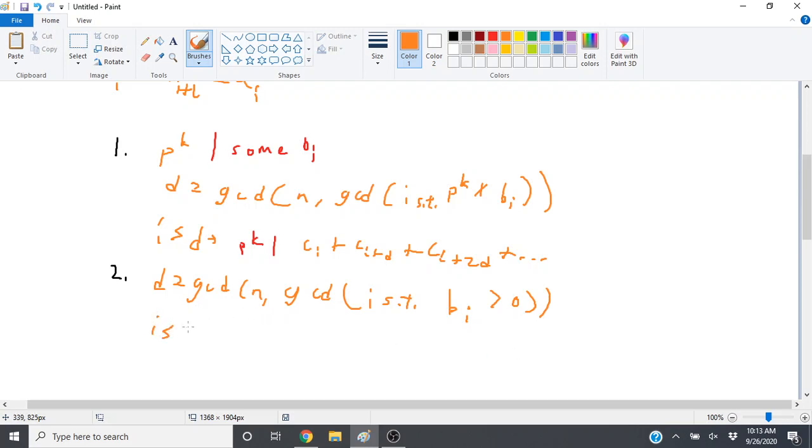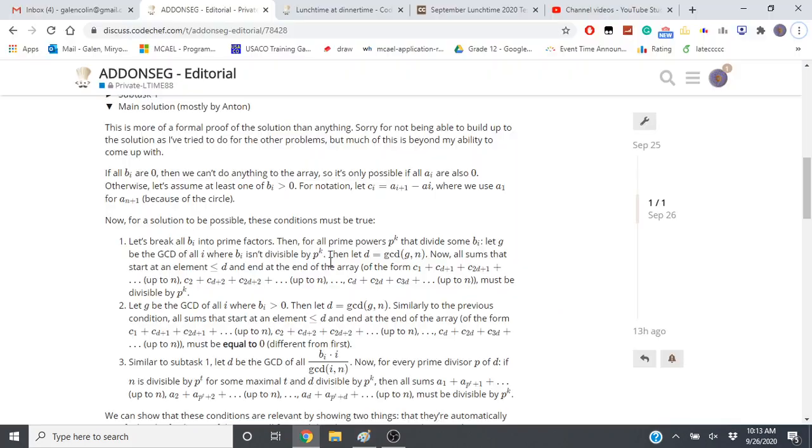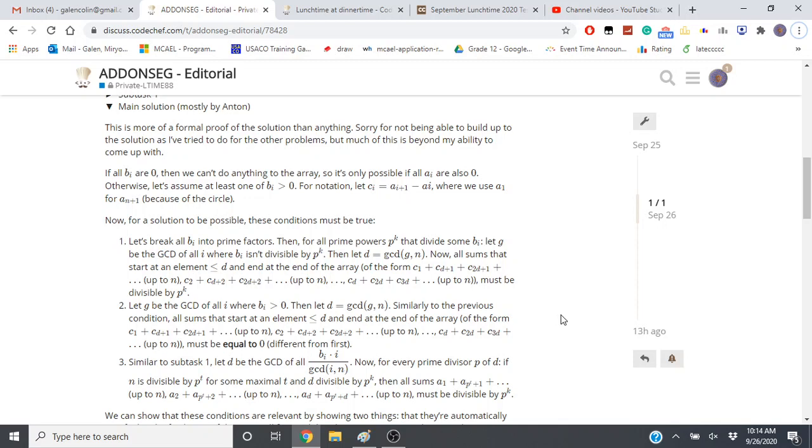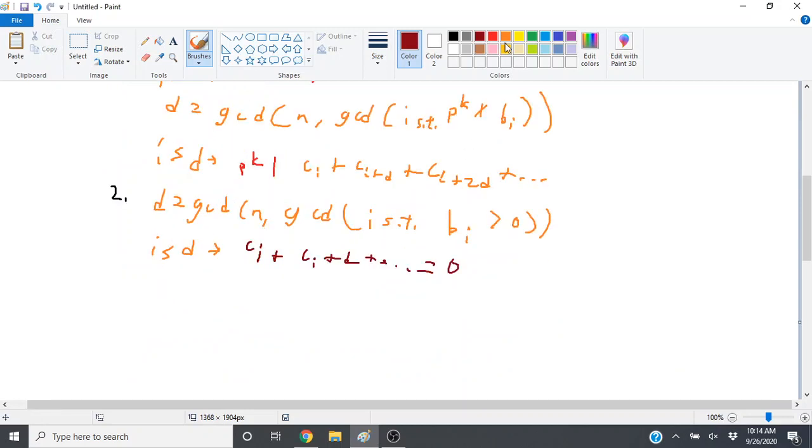Then for all starting positions i less than or equal to d, the sums of the form ci plus d up to n are equal to 0. Again, this will be relevant later.